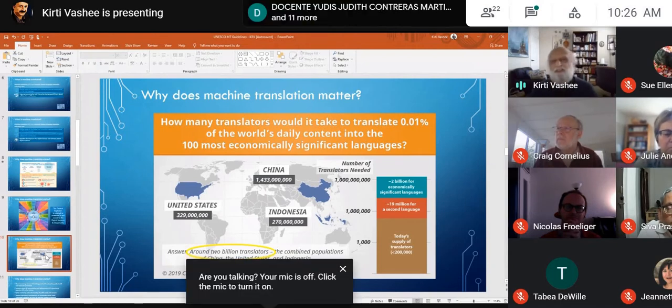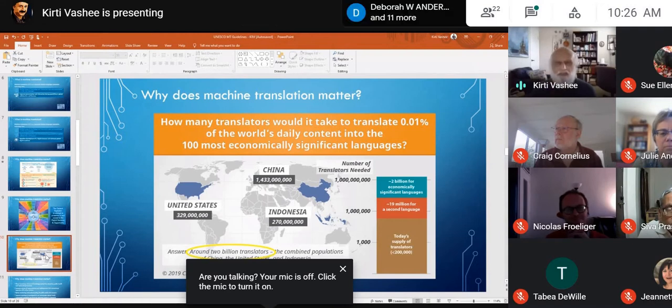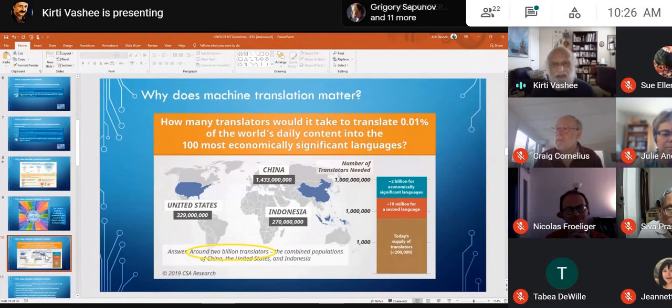They basically said that if you were to only translate 0.01% of the world's daily content into the 100 most economically significant languages, so just ranking the countries by GNP and then seeing what languages you would need to translate into, you'd need around 2 billion translators. And that's just for 1 day's worth of content. And if you were to go beyond that, the number of translators needed would be even greater.